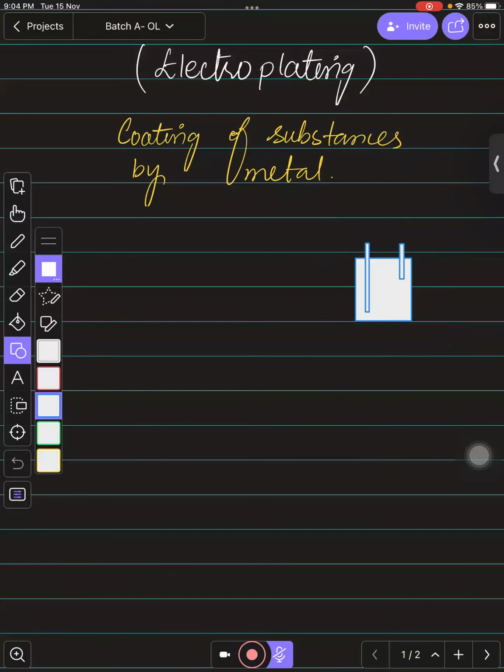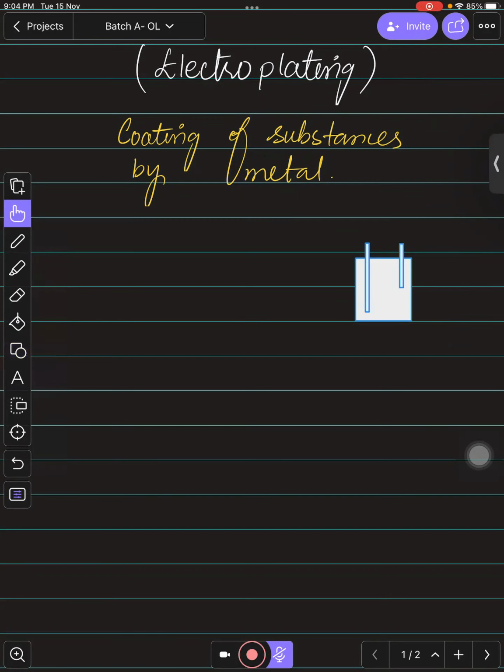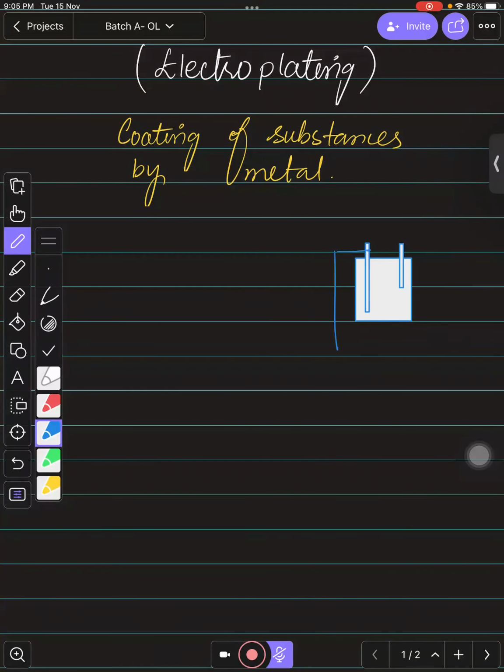So अगर आप चाहते हैं कि आपके पास कोई substance हो और उस substance पर कोई metal deposit हो जाए, the very first thing that you need to remember, for suppose I have a spoon, right?